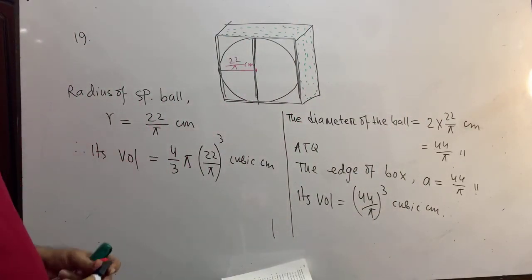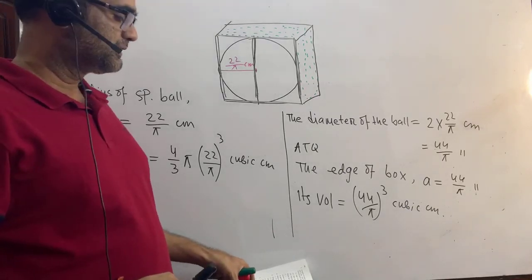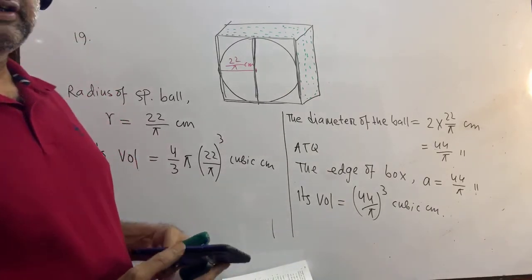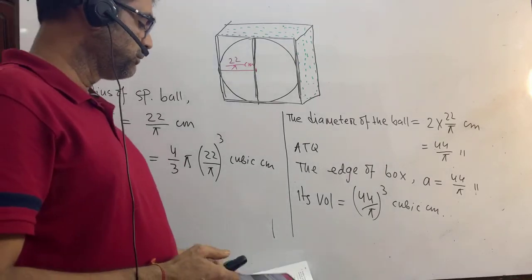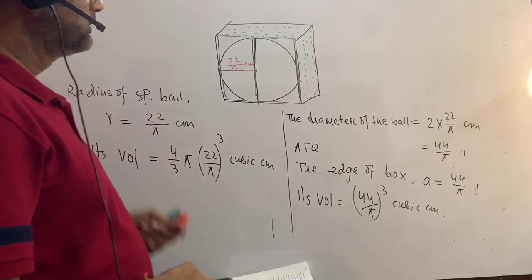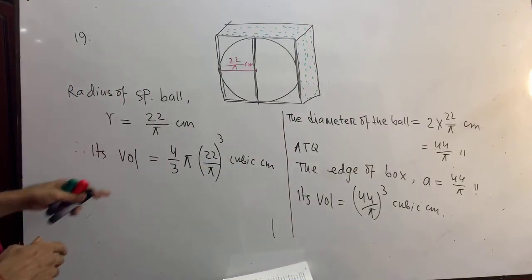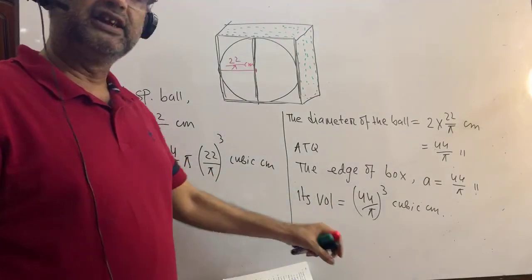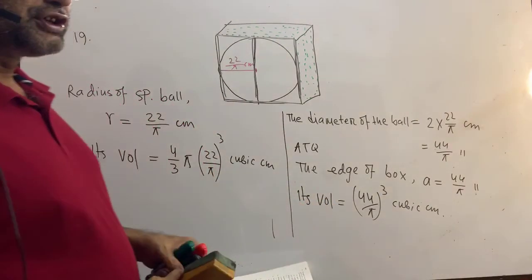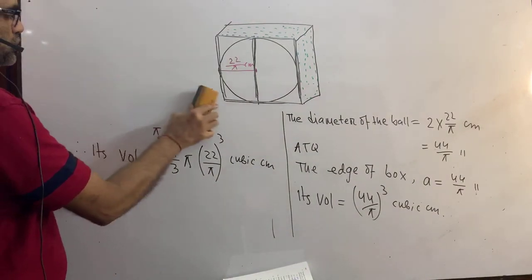I have found the volume of the box as well as the volume of the ball. Now how to determine the volume of the unoccupied portion? Okay, that's good. If I subtract the volume of the ball from the volume of the box, then it's possible to determine the volume of the unoccupied portion.